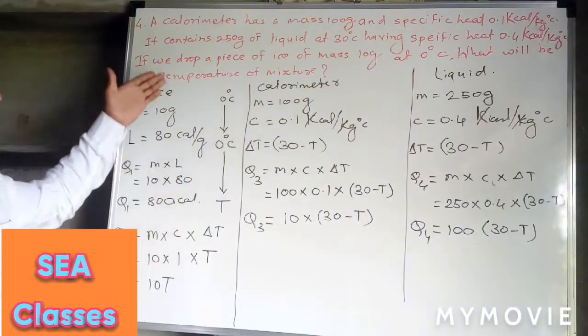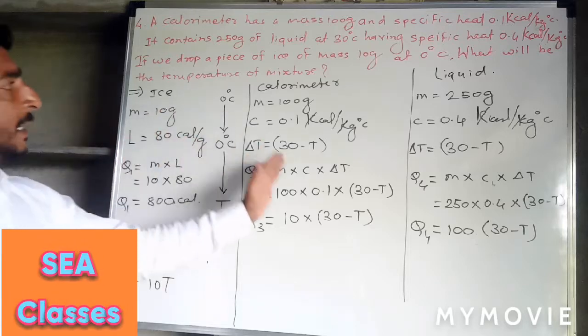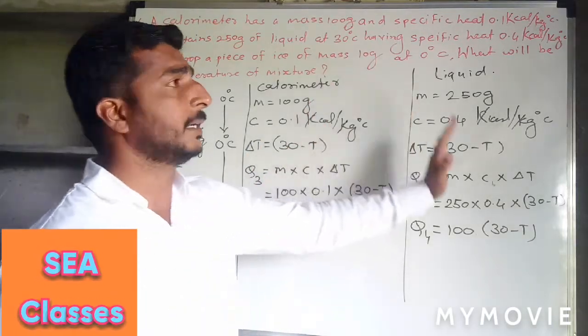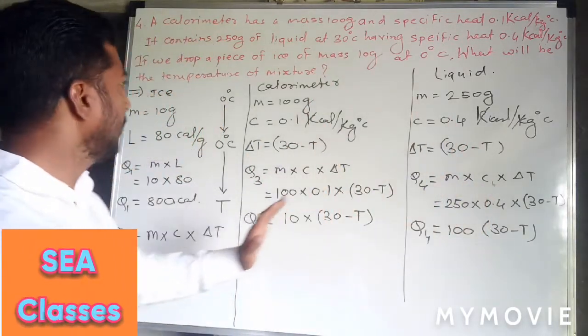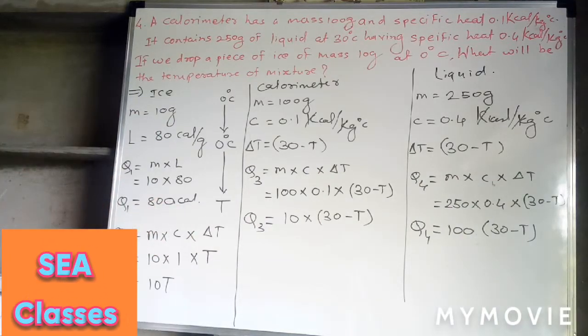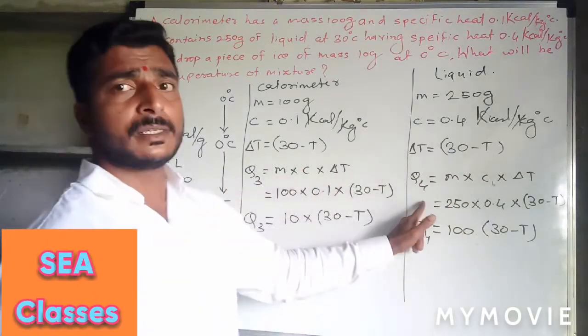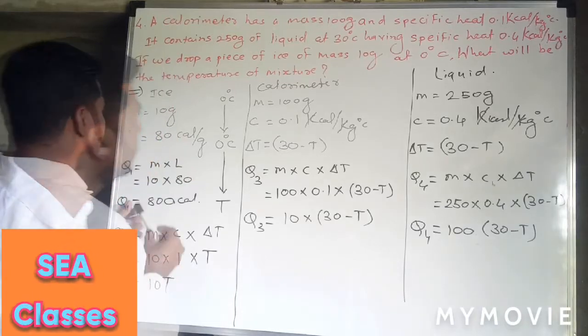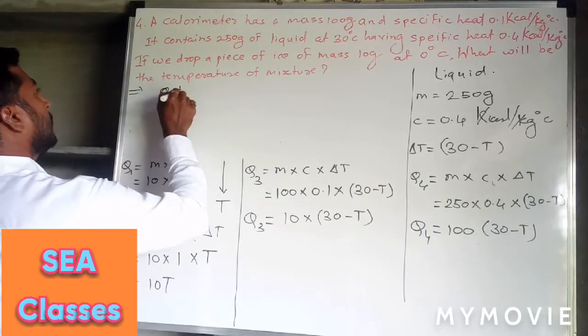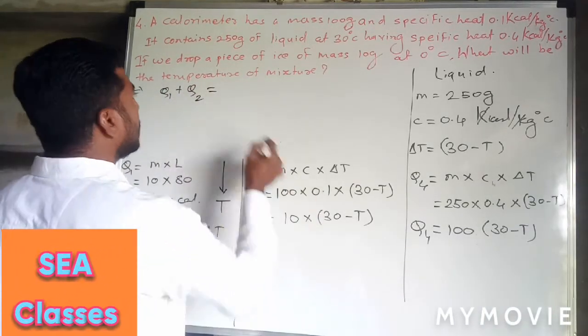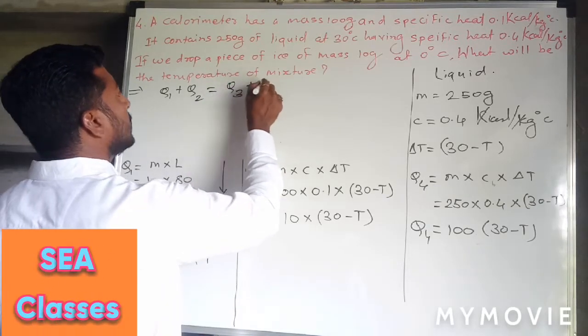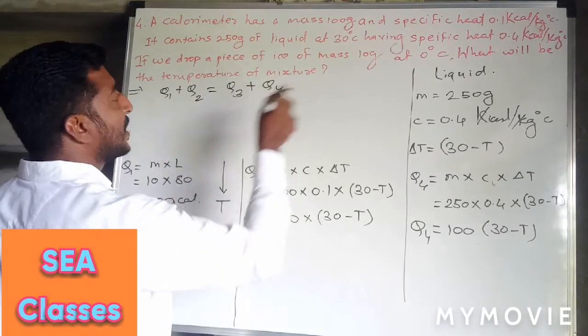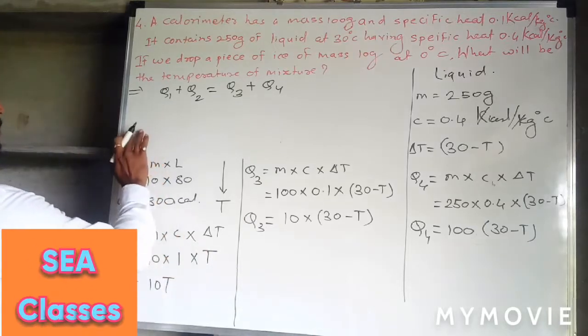Now heat is gained by ice and heat is lost by calorimeter and liquid. So that will be Q1 plus Q2 is equal to Q3 plus Q4. Heat gained is Q1 plus Q2, and heat lost by calorimeter is Q3 plus heat lost by liquid, that is Q4. So we put the values here.